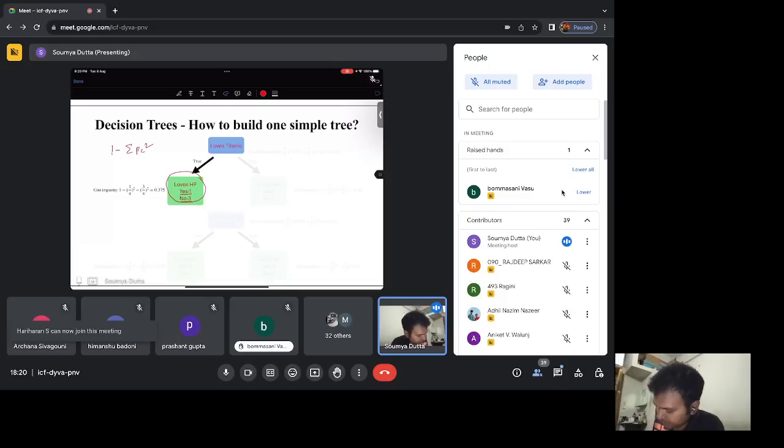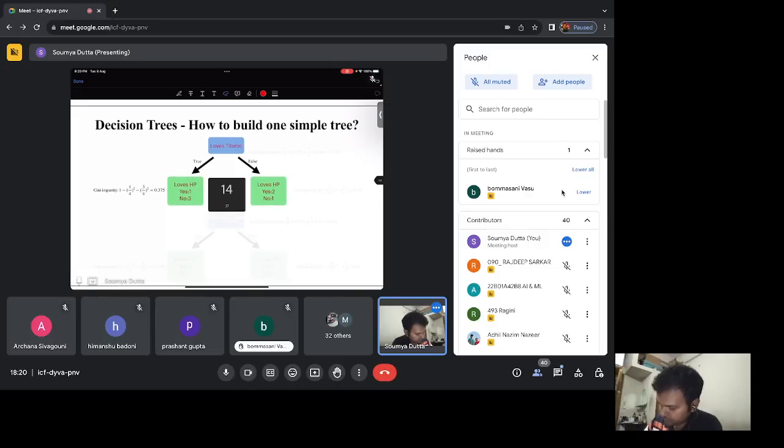So the probability of yes here is 1 by 4, the probability of no here is 3 by 4, and this is the Gini impurity. So we have got the Gini impurity of this particular leaf.